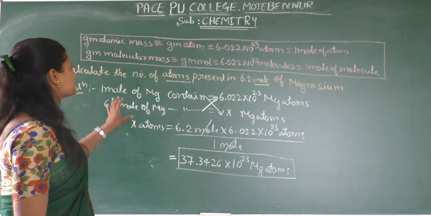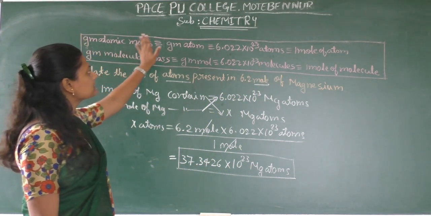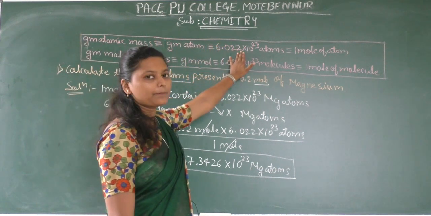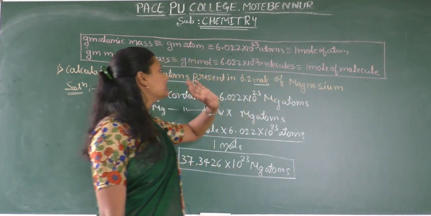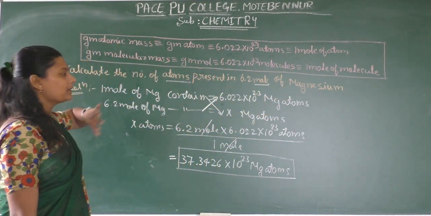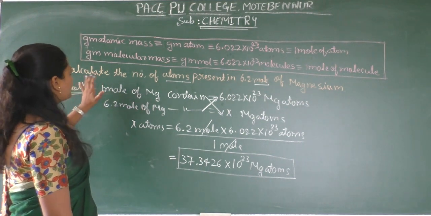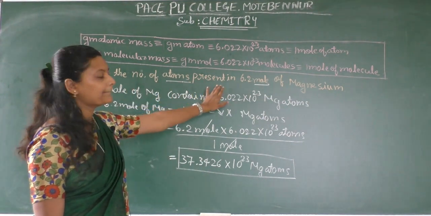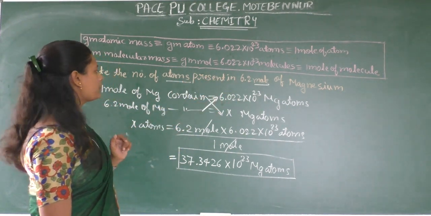Okay, so first here we have to know about the relation between gram atomic mass, gram atom, next Avogadro number of atoms, next 1 mole. Okay, so then this is going to help in the problem solution. So here we have to calculate the total number of atoms which are present in 6.2 moles of magnesium.